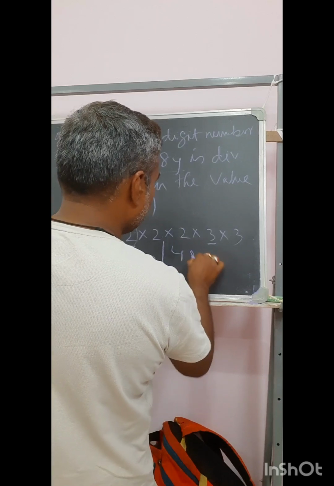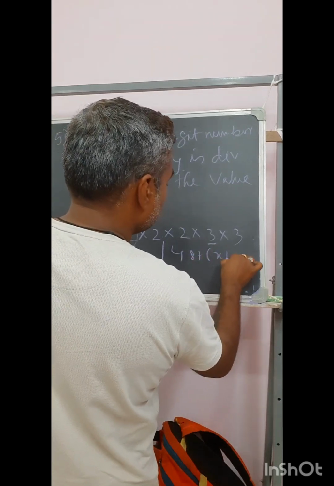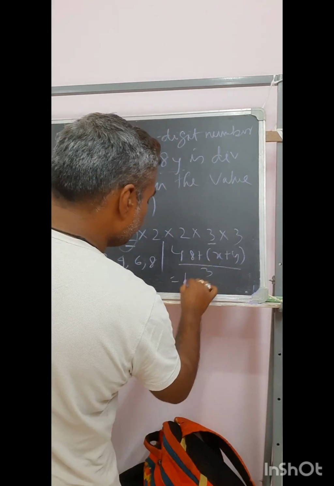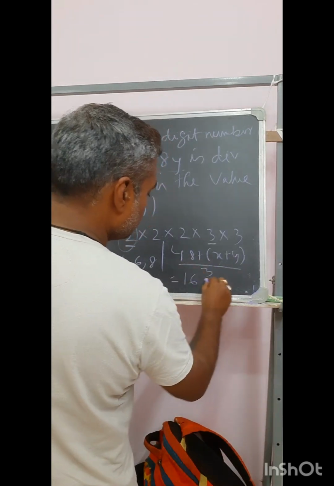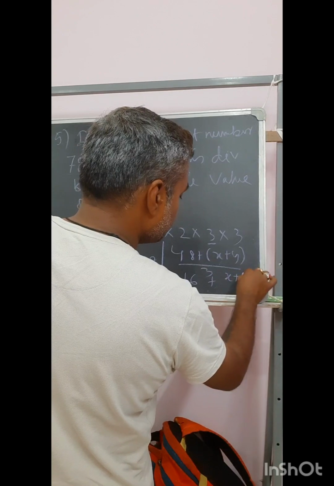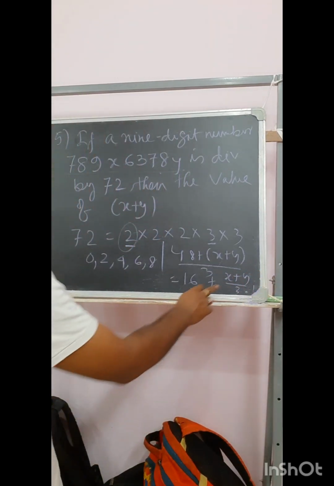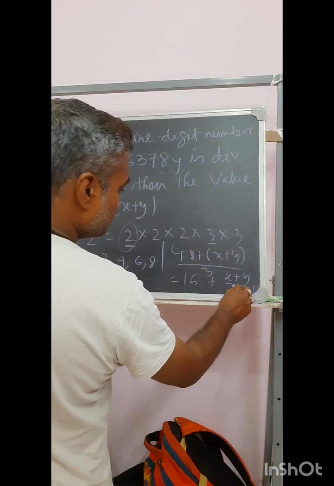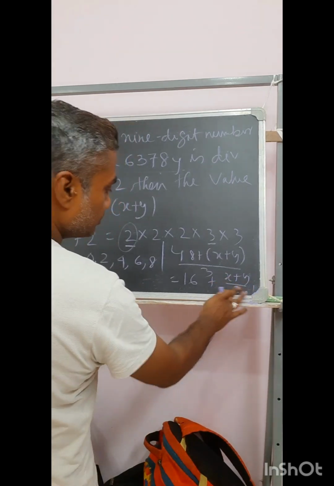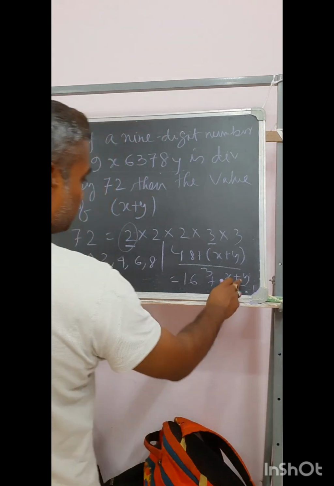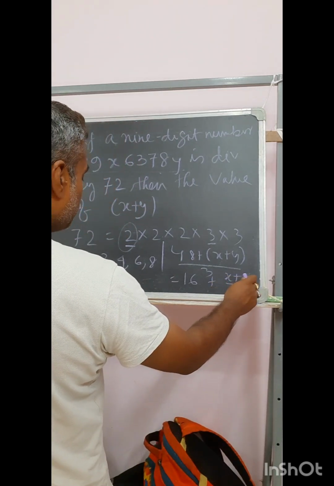So 48, and the remaining is x plus y. 48 is divisible by 3, so x plus y must be divisible by 3. So the minimum that x plus y has to be is 3.